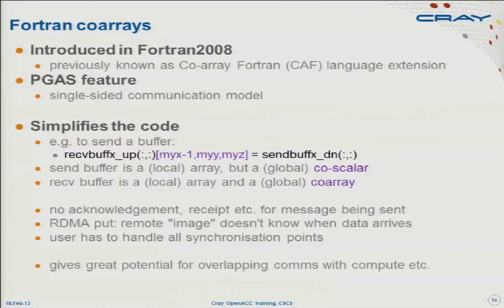So that can have improvements, but it also means that you have to manage the code a bit better. So if I want to send a buffer from here to its neighbor, basically all I do is I say, in the receive buffer at the remote processor, you should receive the data that came from the local buffer here.